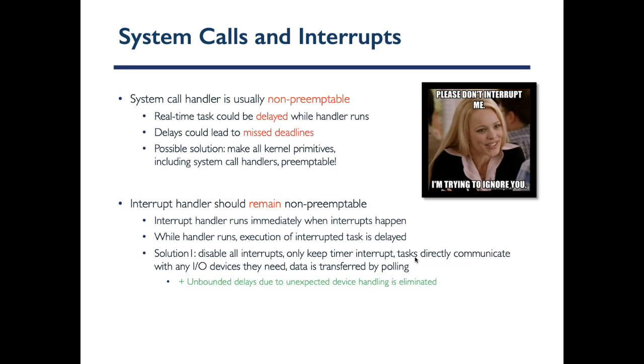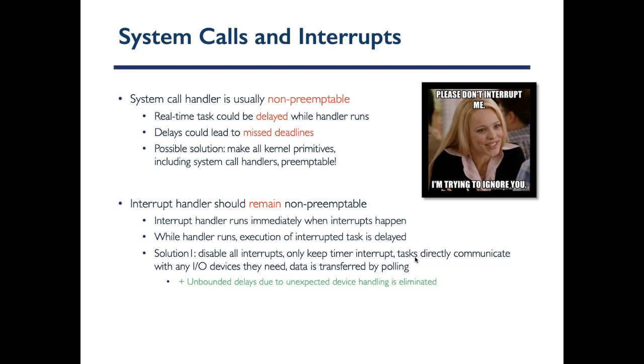So if you have a task that deals with network, this task has to have all the driver logic in it to talk to the network or the display or the keyboard or mouse. And as you can see, this is good because it makes my tasks predictable.